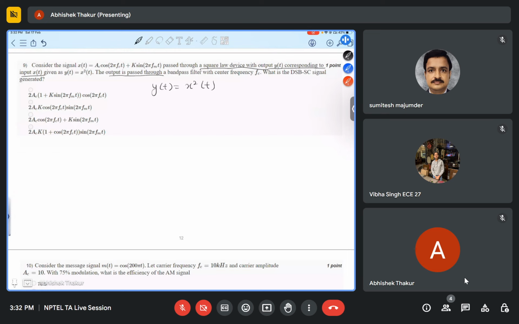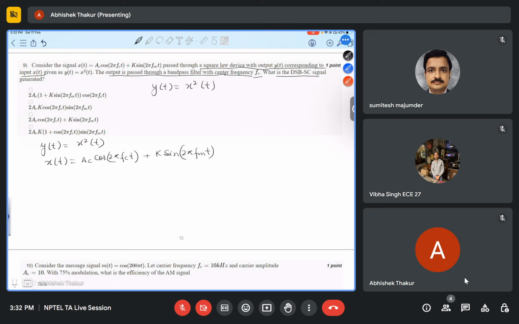Now the output is passed through a band pass filter with center frequency fc. What is the double sideband suppressed carrier signal? So in this question, y(t) is given as x squared of t and x(t) is given as Ac cos of 2 pi fc t plus k sine 2 pi fm t.